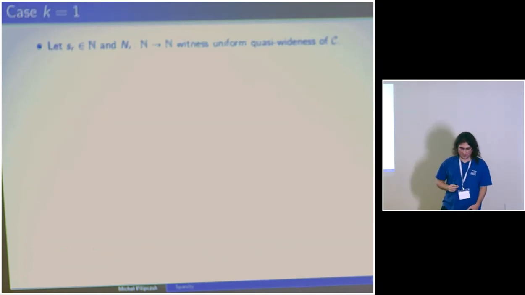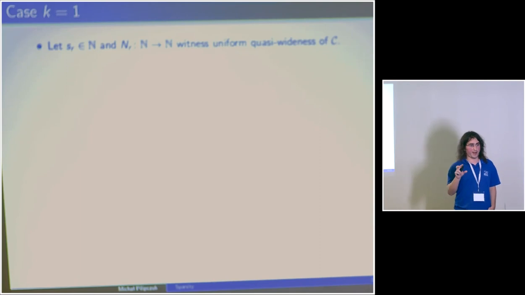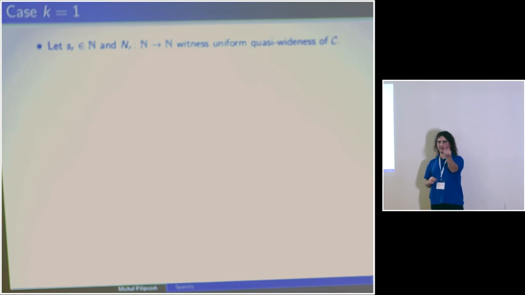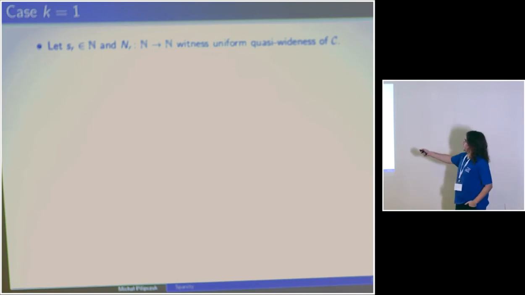Okay, so I now need to prove this magical fact that the number of iterations will be bounded. Let's first focus on the case k equal to 1. I'm just trying to find a vertex that r-dominates the whole graph. I will use uniform quasi-wideness.